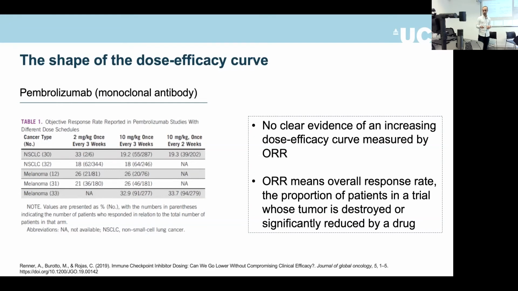And this is true for these 5 studies that are in the table. For example, the last one in melanoma, 2 dose levels are compared, 10 milligrams every 3 weeks or 10 milligrams every 2 weeks, and the response rate is approximately 1/3 for both. So no evidence of an increasing efficacy curve.